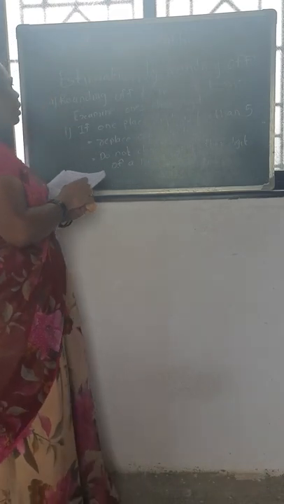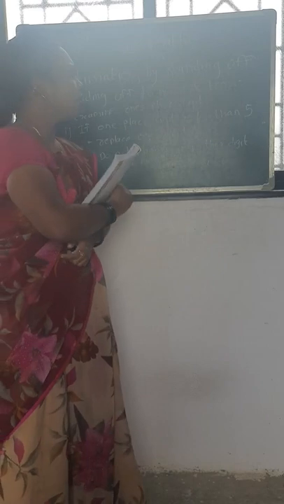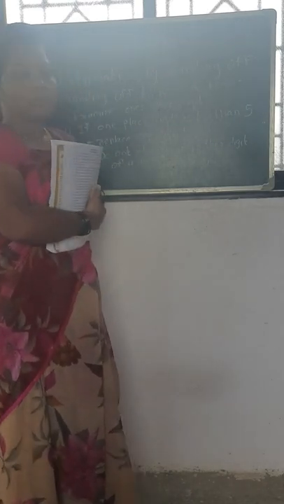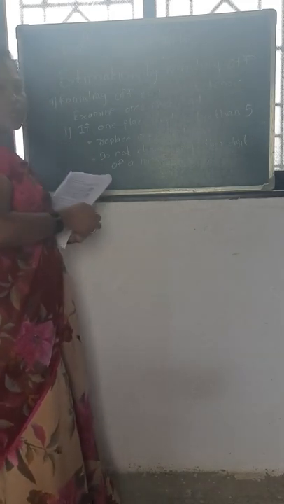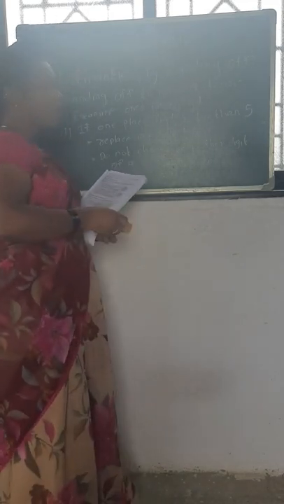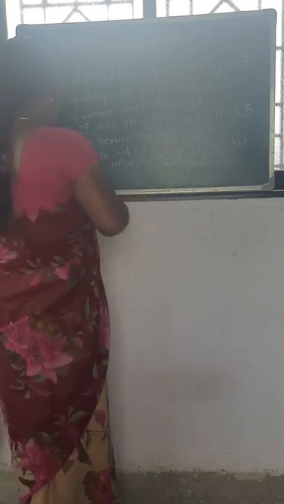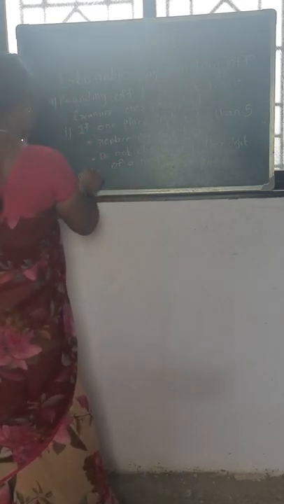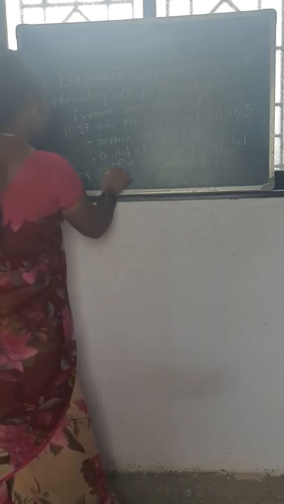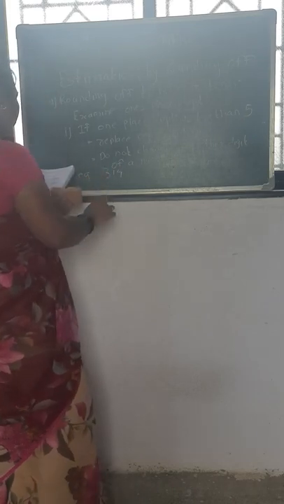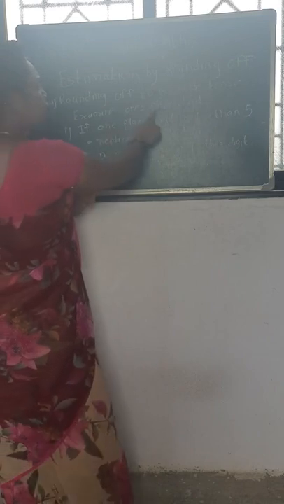First rule: if the one's place digit is less than 5, then replace the one's place digit by 0 and do not change any other digit of the number. For example, we have to round off 314. Examine the one's place digit.